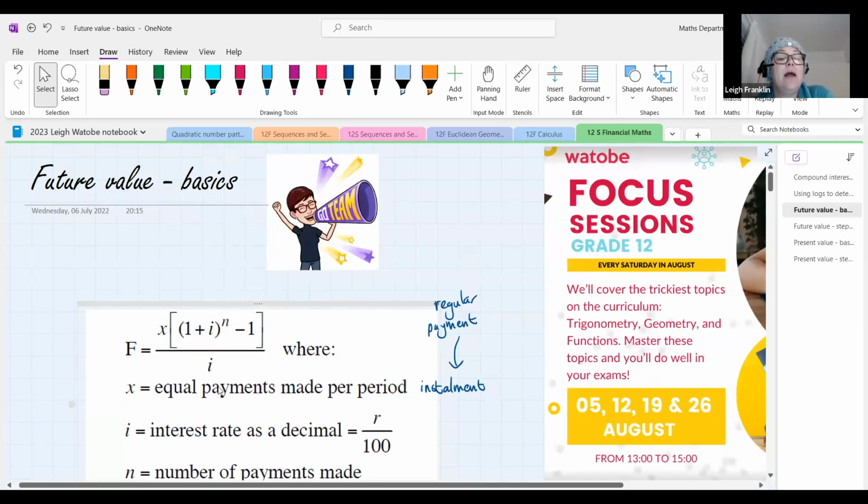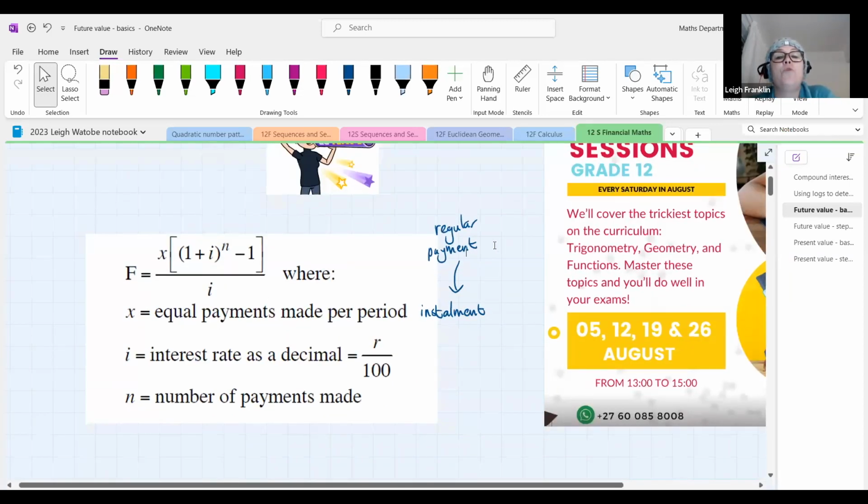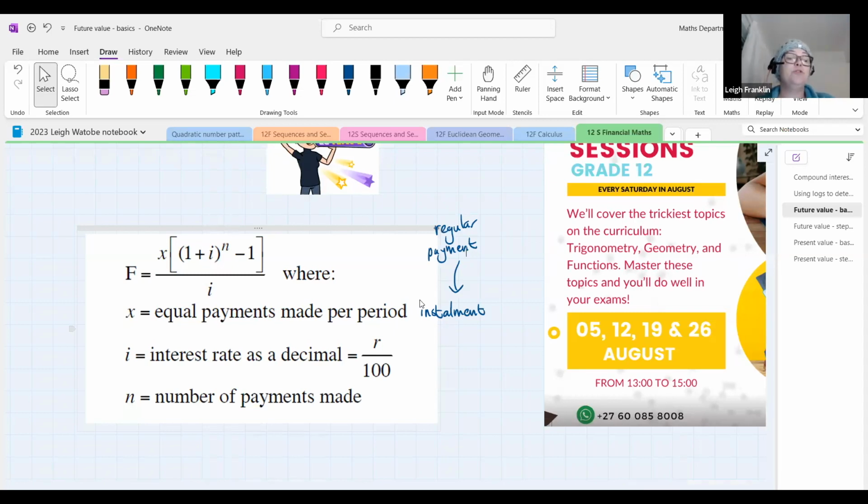Future value and present value are only used where there are regular payments. If the money is just sitting in an account earning interest, it will be compound interest. So future value can only be used when regular payments or installments are taking place.